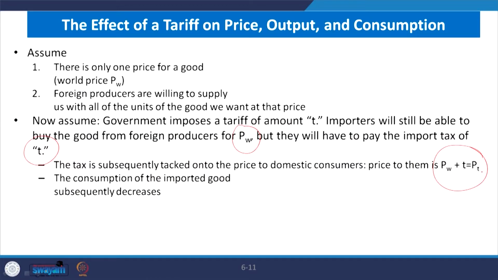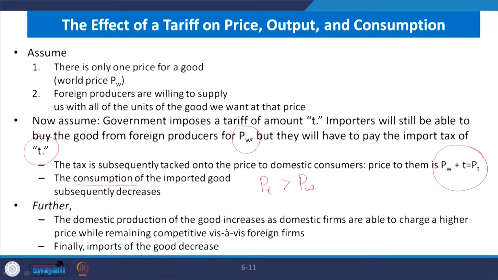PT stands for the price after tariff. Consumption of imported goods subsequently decreases. Why? Because PT is greater than PW. Since the price after tariff is higher, the consumption of those goods falls.